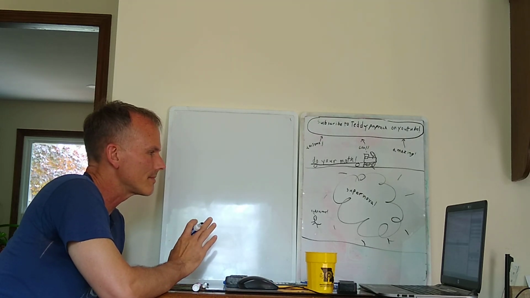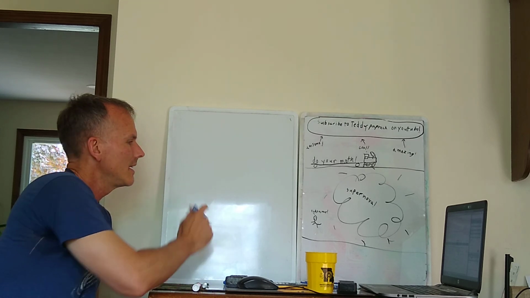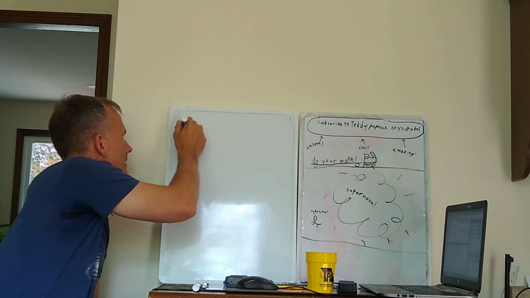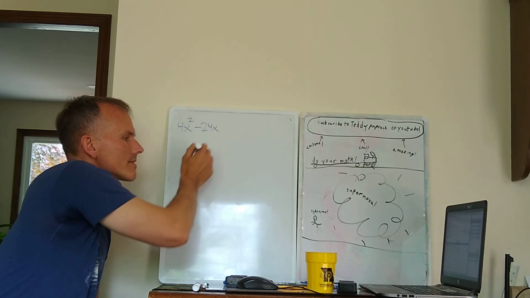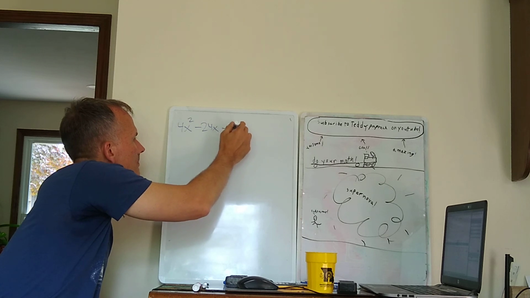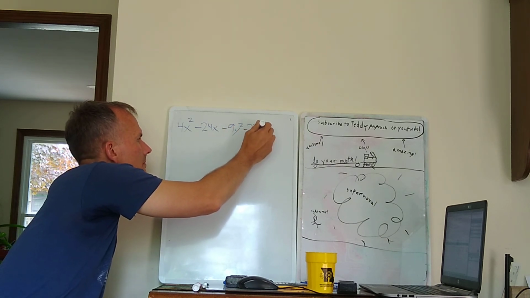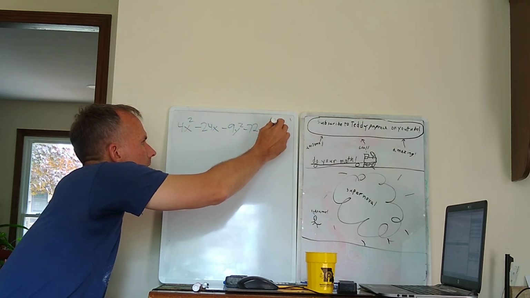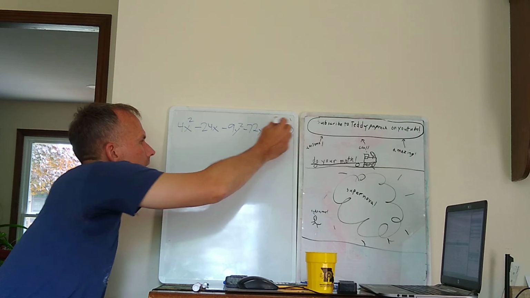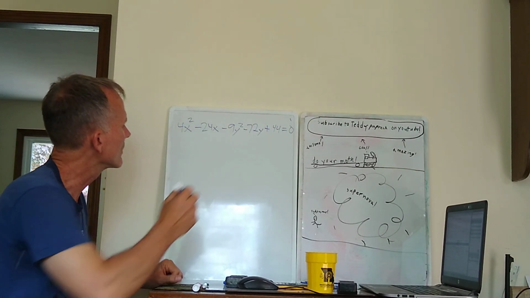If you want to pause the video and go to your assignment, this is going to be problem 10. And, I mean, it's randomized, but 4x squared minus 24x, and so on, equals 144.